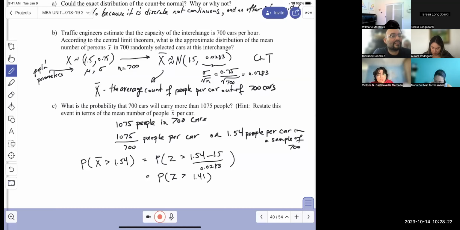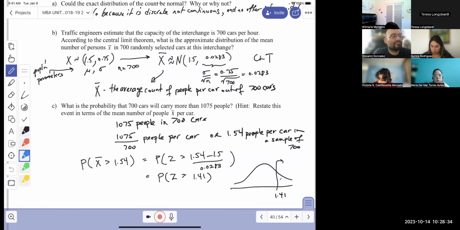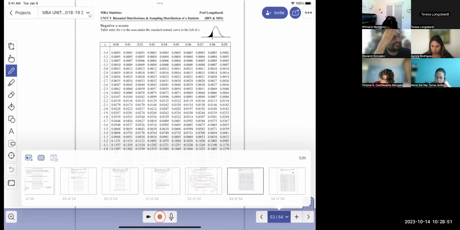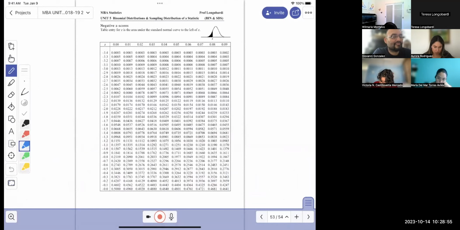So then you round to 2 decimals because you need the table. You can go in the table, you can go in Excel. So either you can go to the left and 1 minus, or you can look at 1.41 negative. It's 0.0793.